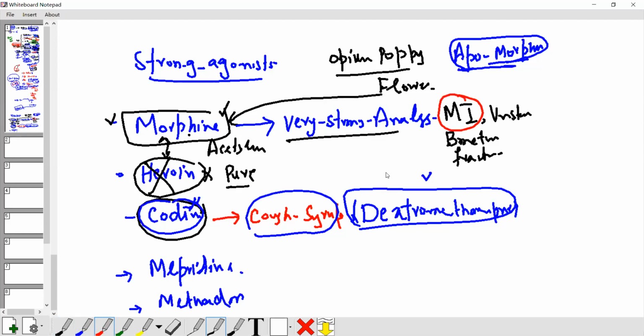Morphine is the gold standard in MI. Why? Morphine also helps to reduce pulmonary edema developed by left-sided heart failure. So there are two benefits of morphine in an MI patient.